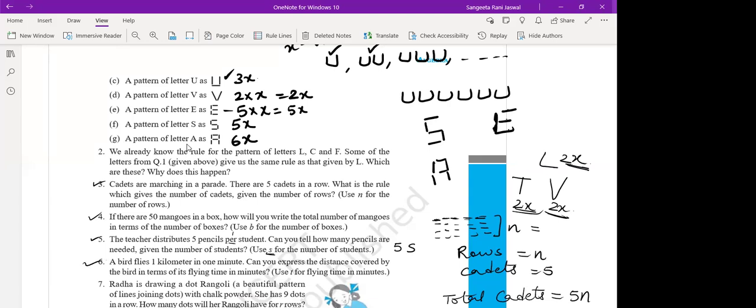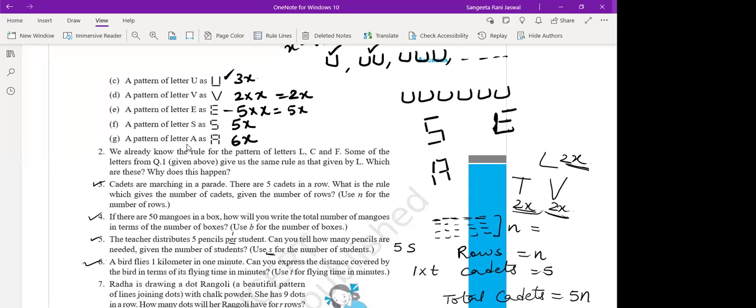Now let's see, a bird flies 1 kilometer in 1 minute. Can you express the distance covered by the bird in terms of its flying time in minutes? Use T for flying time in minutes. It flies 1 kilometer in 1 minute.